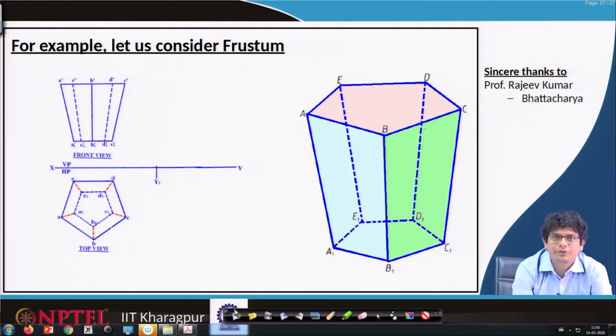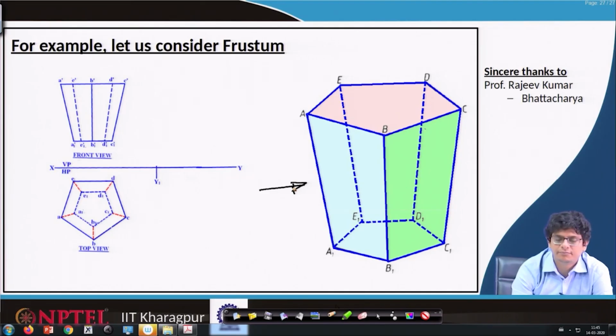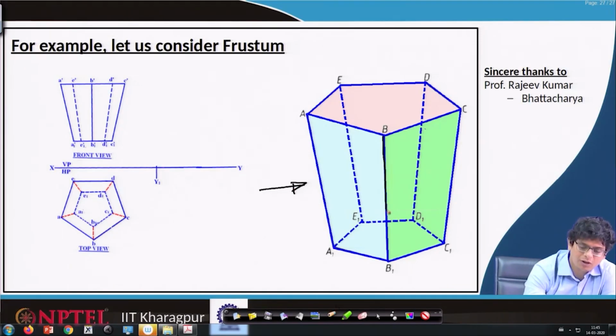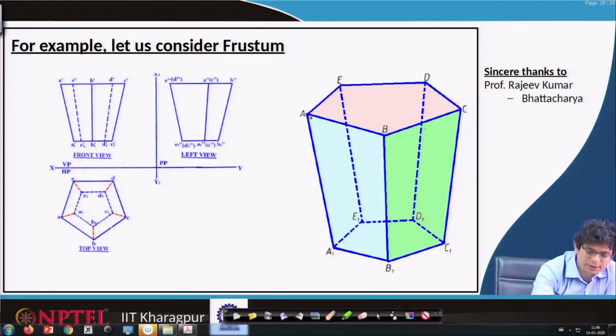What about the side view? We have to look from that side. When we are looking from that side, this one is always visible. This line also will be visible. Possibly this line is also visible in that side view. So, let us look at that. This A1 we can clearly see is visible.